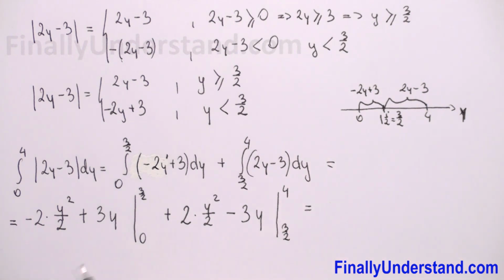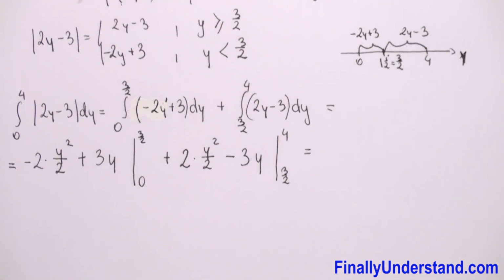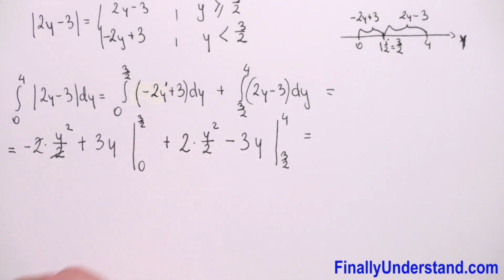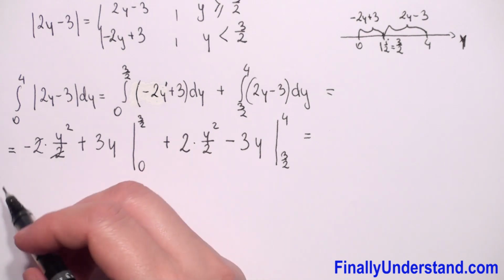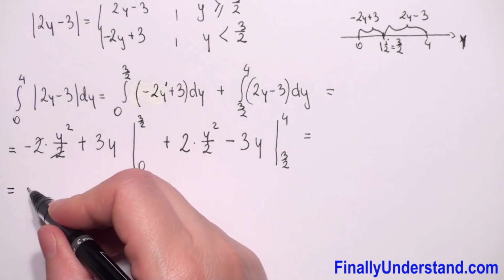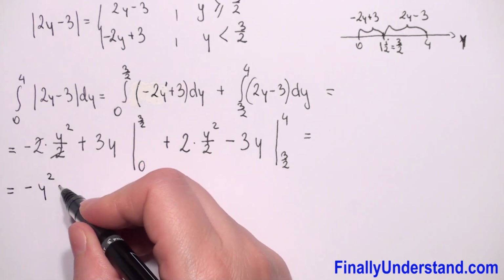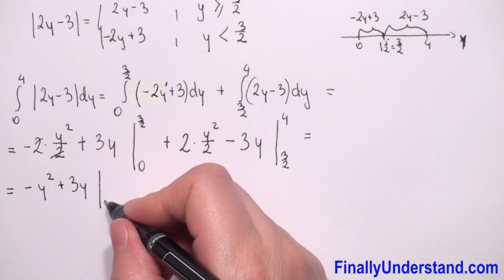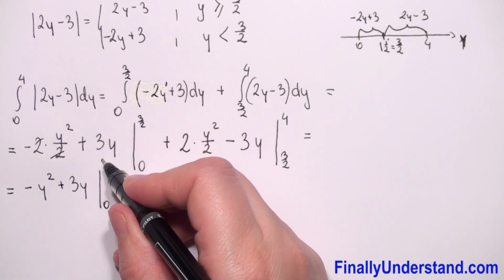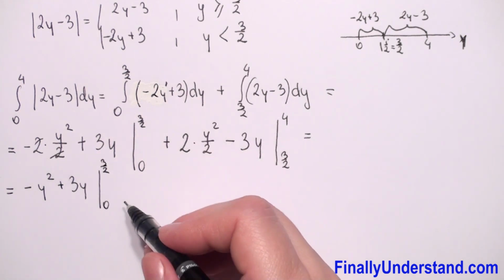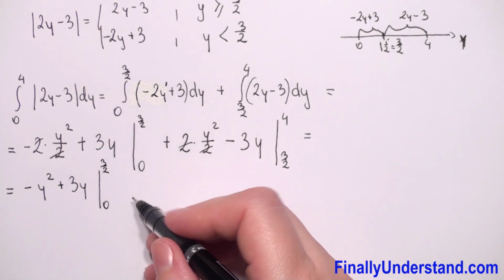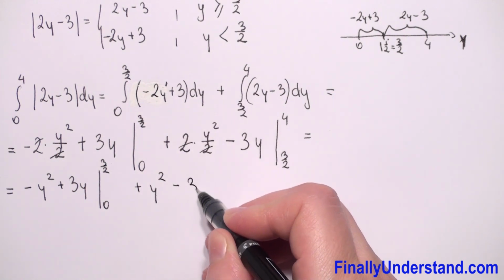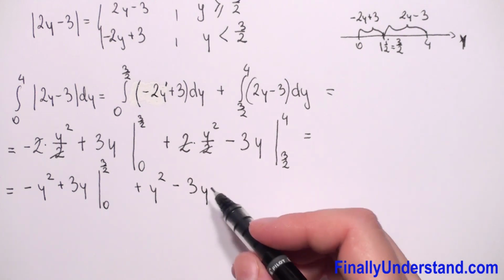Now first we can simplify. We will reduce 2 and 2. So we have negative times positive is negative. So this is equal negative y square plus 3y. And our limits is from 0 to 3 over 2. 2 and 2 we can reduce, and we have plus y square minus 3y.